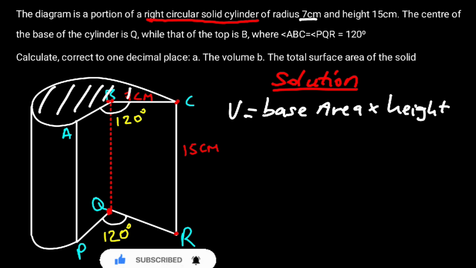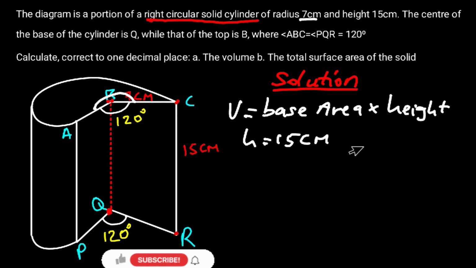Now it's a major sector because this angle here is bigger than 120 degrees, but we'll find out later. Now from the question, the height given is 15 cm, and the radius given is 7 cm. Now the formula for the area of a sector, right?